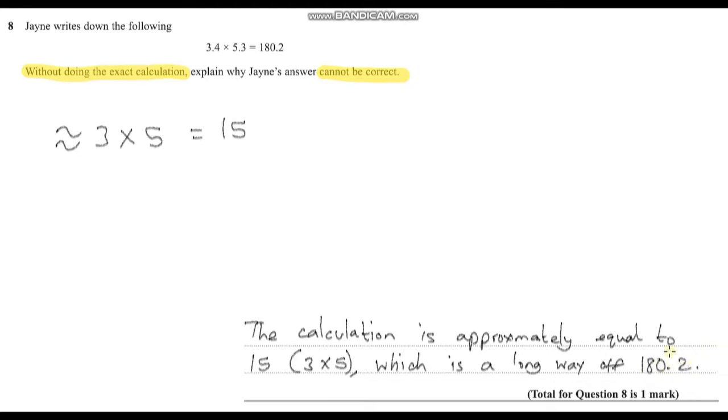So she's nowhere near. We know that she's definitely wrong because we've just rounded the numbers.